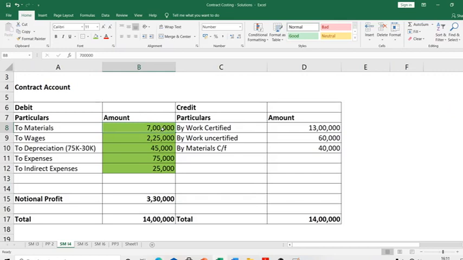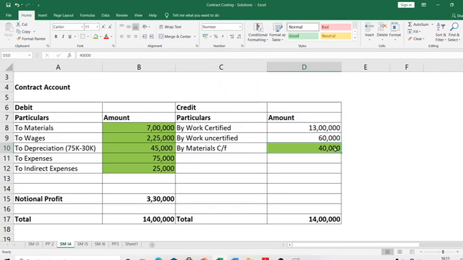Or the other way of doing it is, since you have over debited 7 lakhs, remove that cost from this year's account by saying by materials carried forward 40,000. So basically it's like closing stock of materials. You bring in materials of 7 lakhs, 40,000 you don't use, remove the cost, and take it to the next year if you're going to use it then. So you're crediting by materials carried forward 40,000. As simple as this. This is the explanation for materials carried forward.